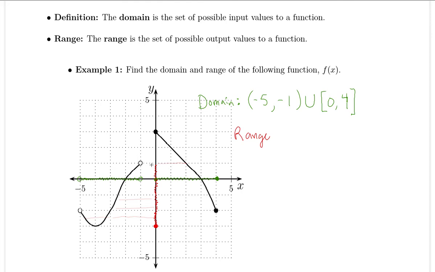So understand, it doesn't matter if there's an open circle over here. If for a particular y value you hit the graph somewhere, it still gets to be a part of the range. And so I just keep on going all the way until I hit y equals 3. And so my range would be -3 to 3.